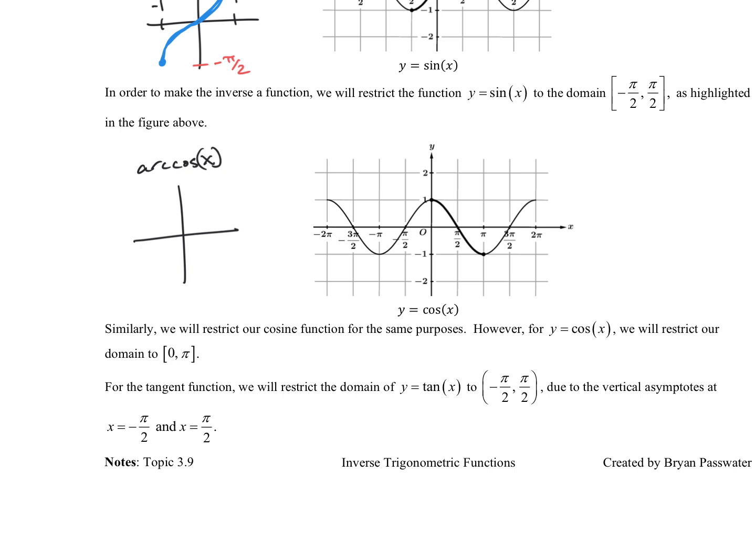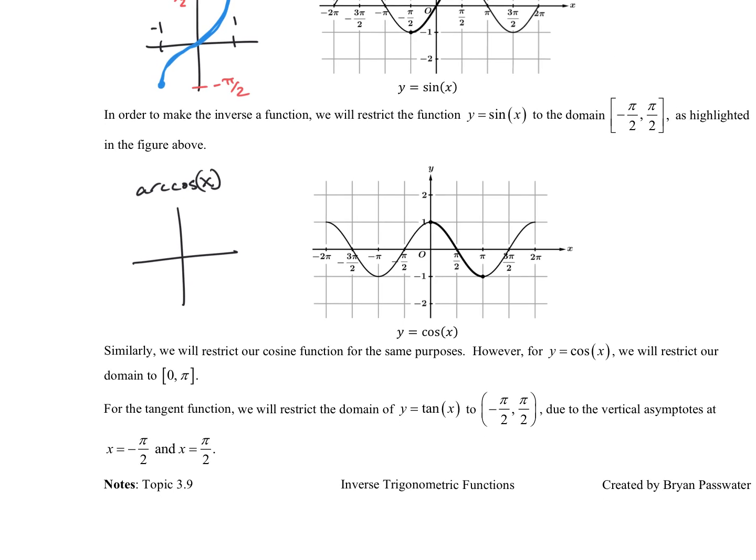And so I want to show you what this is going to do. Instead of my range being from -1 to 1, now my domain is going to be from -1 to 1, because an inverse is a what again? A switch in x and y. And so let's think about it.